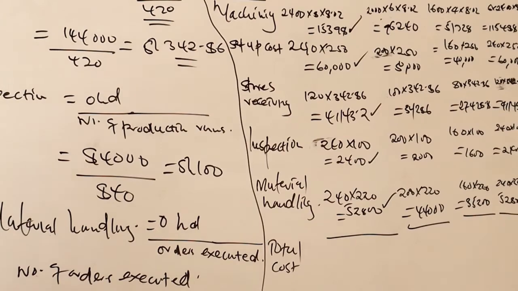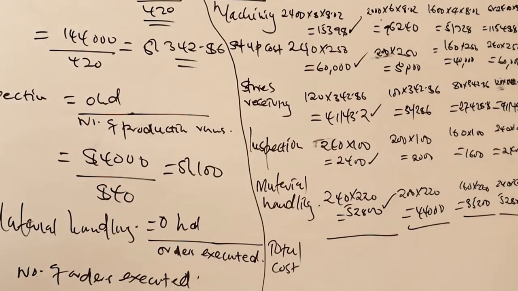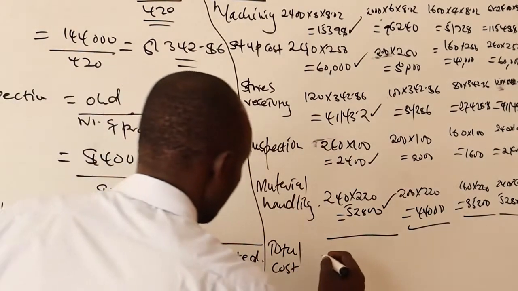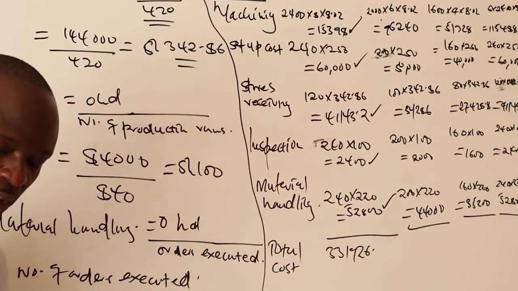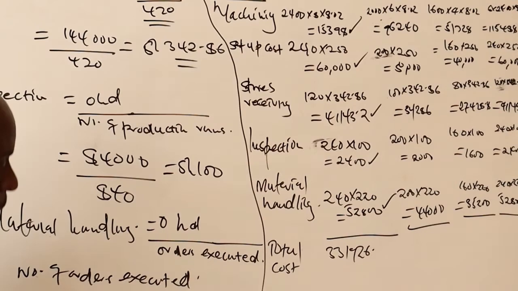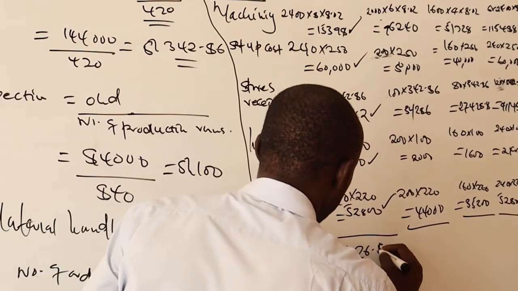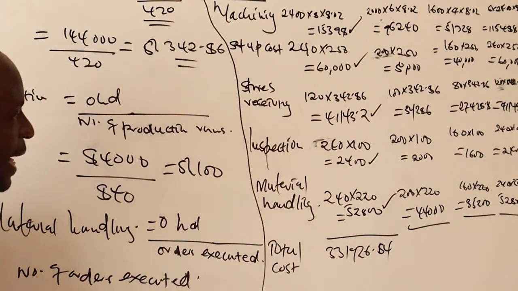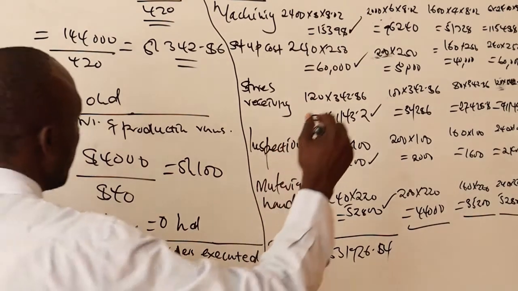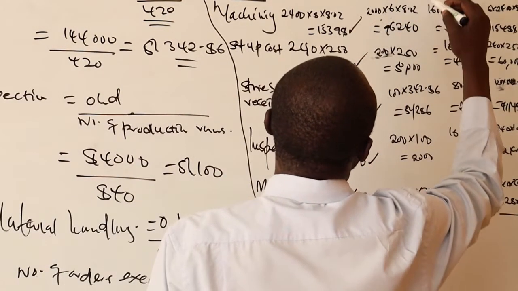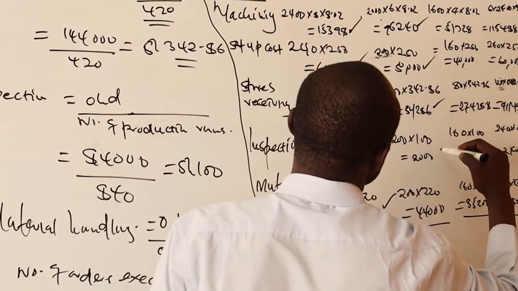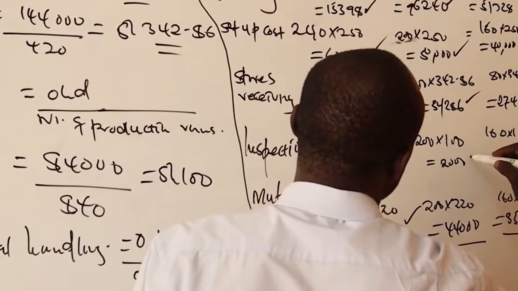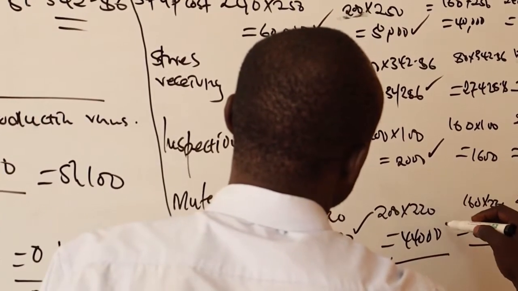For product 1, it will be 331,926.84. And for the others, those with equal signs, we are adding this one, this one, this one, and this one.